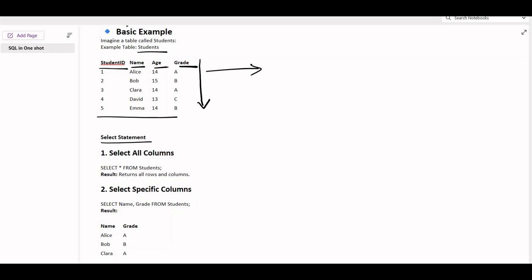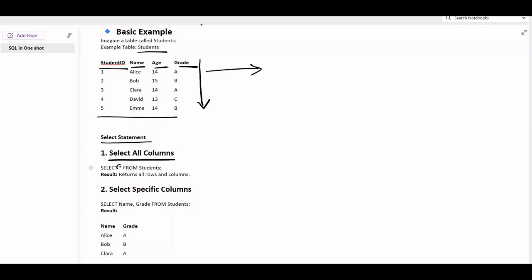Now the SELECT statement. What does a SELECT statement mean? The SELECT statement is used to retrieve specific columns, or all the columns. It returns all the rows, and whichever columns are present, it helps us retrieve. If you want to select all the columns, you write SELECT * FROM students.